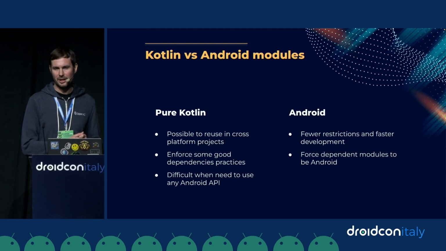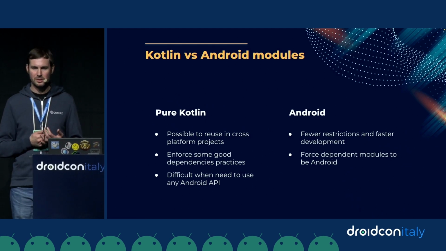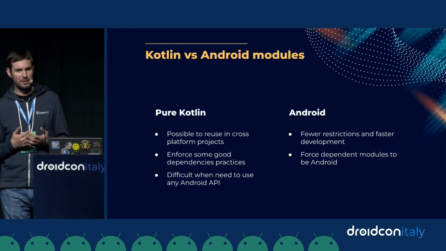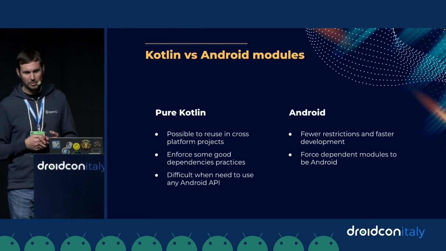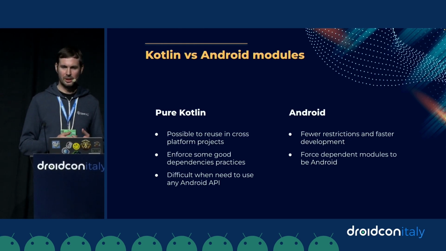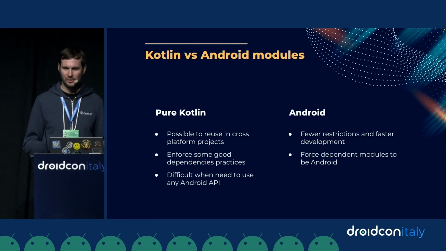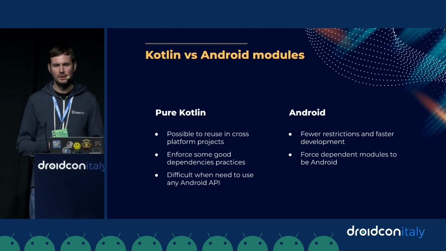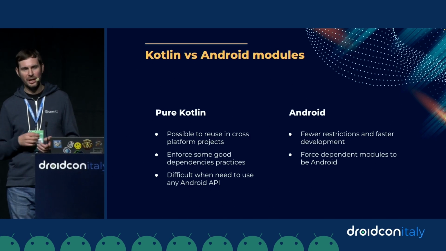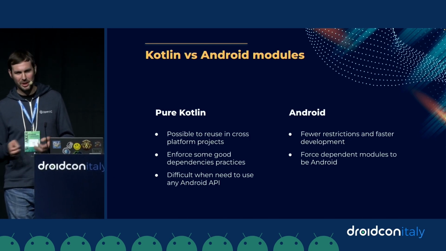Let's talk a bit about pure Kotlin versus Android modules. At the beginning, we tried to keep as many pure Kotlin modules as possible. For example, most of our APIs were pure Kotlin. We use Ktor, which supports Kotlin multiplatform. It was a pain when you needed some small Android API dependency.